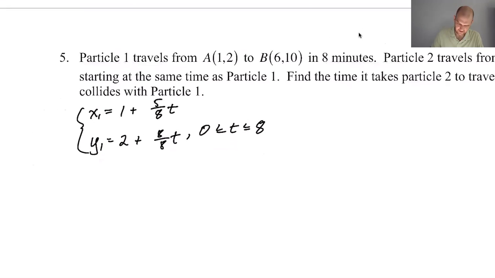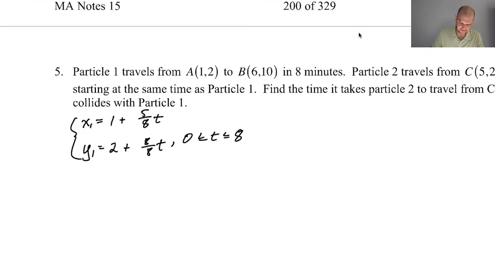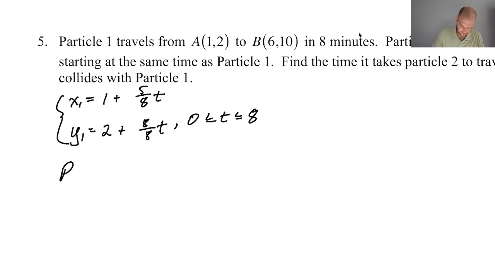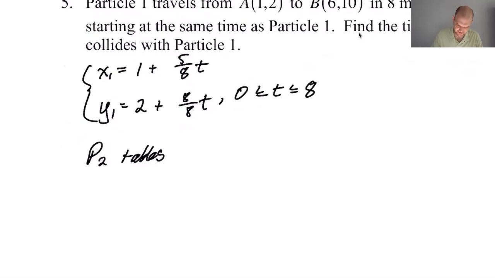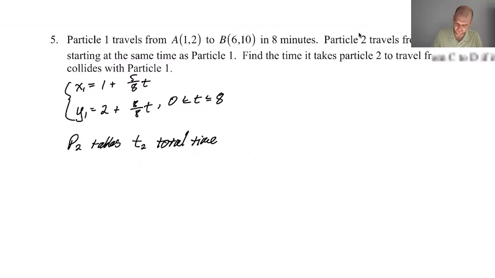Okay. So let's say that particle 2 takes, should we say T2 to get to the intersection? Or total? T2 total, let's say, T2 total time. Right, so we can write parametrics for it.